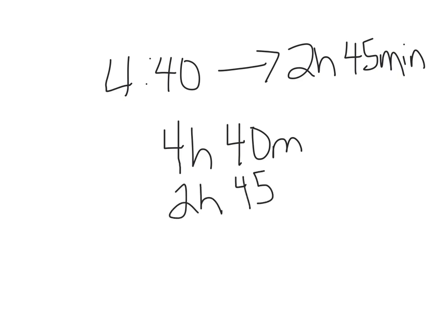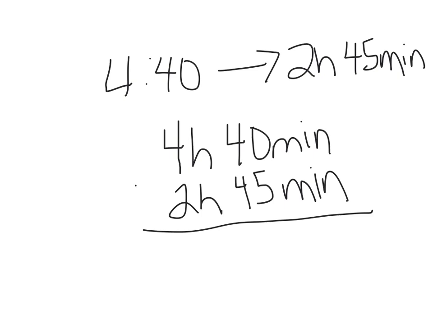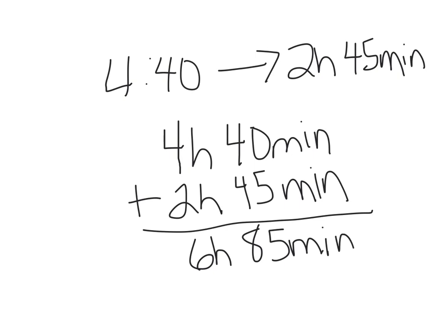The other one is I had my end time. This one I had my start time and how much time goes by. So 40 plus 45. I have 6 hours and 85 minutes. Oh, okay, so it'll be at 6:85, right? That's the time that it's going to be at?